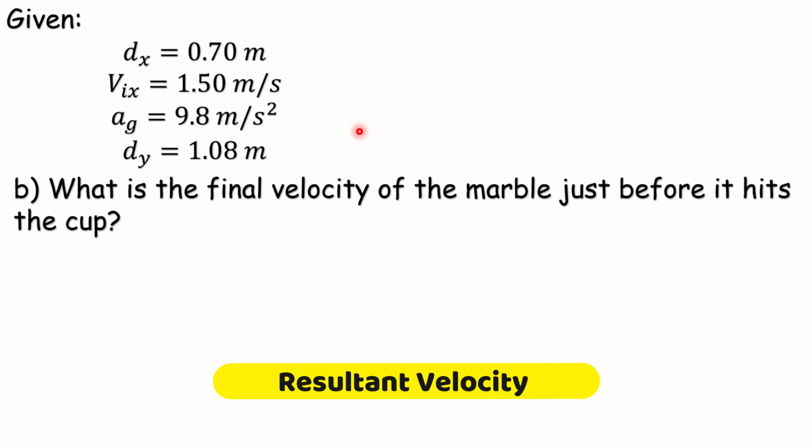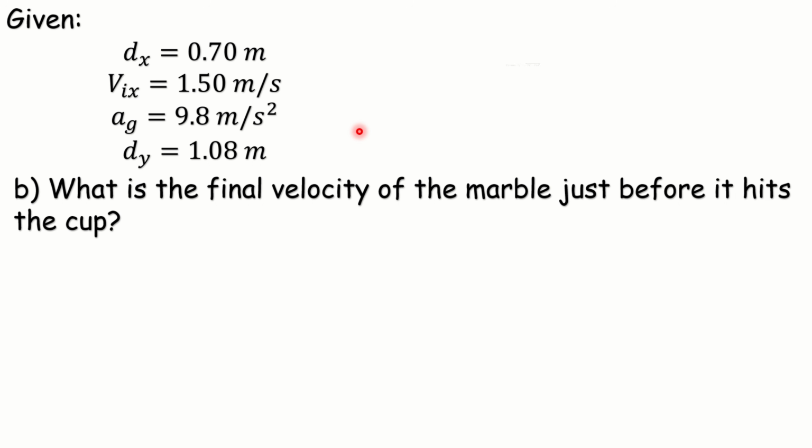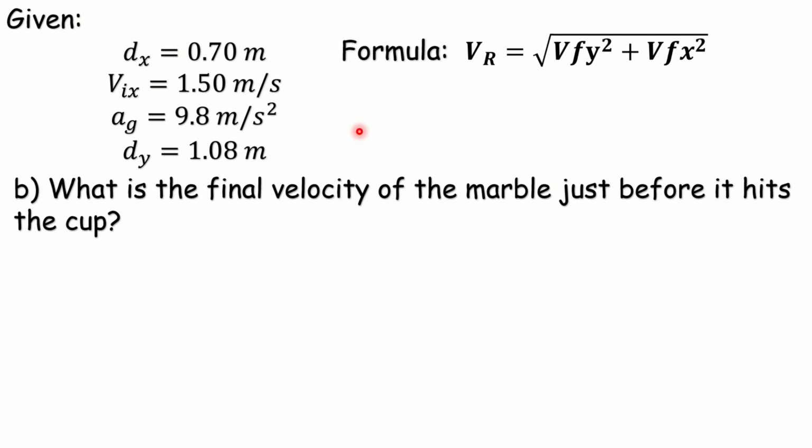The resultant velocity of an object is the sum of its individual vector quantities. Remember that final velocity has two components, the horizontal and the vertical. So let us find the two velocity components and then solve for the resultant velocity using the Pythagorean theorem equation.